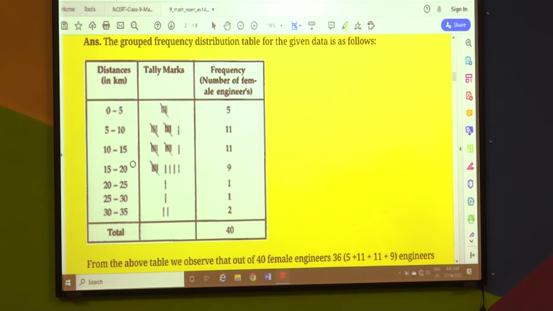And 30 to 35, 2. What you can understand is how far their residence is from the office. This distance in kilometers has been given to us as data, and we are preparing the frequency distribution table, and here is the table that has been formed.